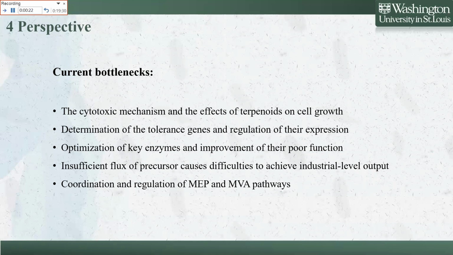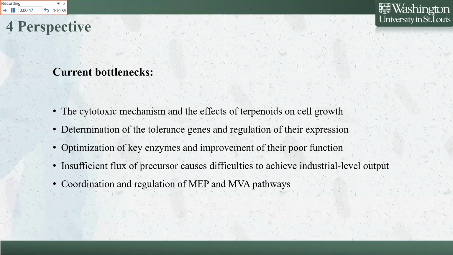Determination of the tolerance genes and regulation of their expression, together with optimization of key enzymes and improvement of their poor function, are challenging due to the introduction of exogenous pathways. Insufficient flux of precursors such as IPP, DMAPP, and GPP causes difficulties in achieving industrial level output.